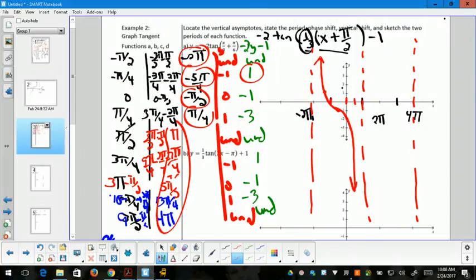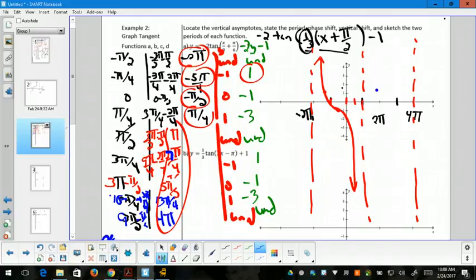Why is this opening the other way? Because it was a reflection over the x-axis because of the -2. It looks more like which function? Not tangent, but cotangent. So cotangent looks like this graph. And then we have the other one, which is that 7 pi over 4? That's almost 2 pi, but not quite.